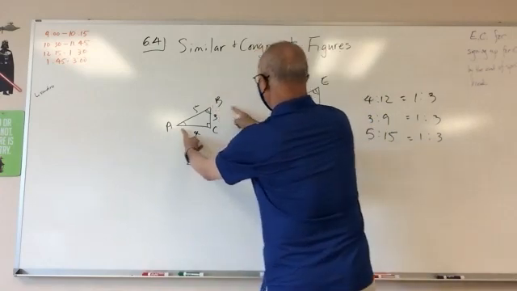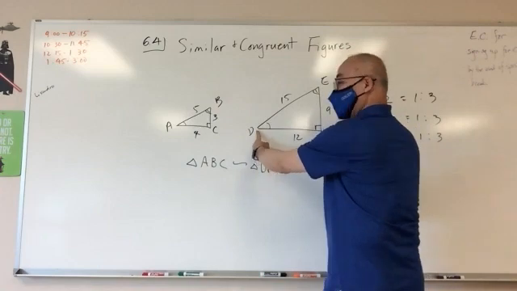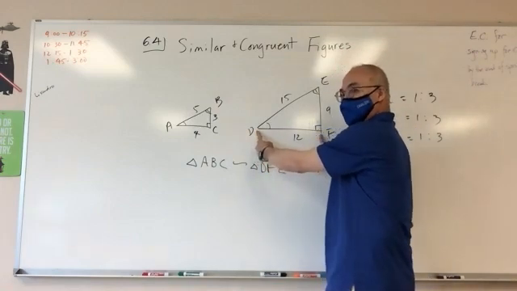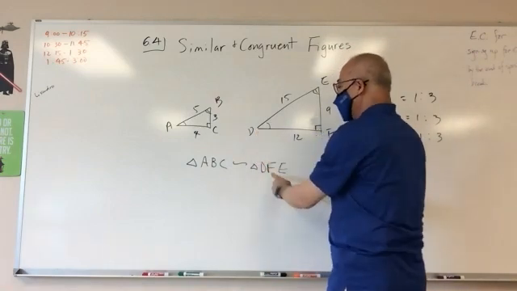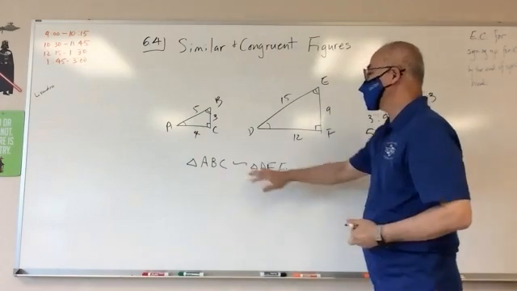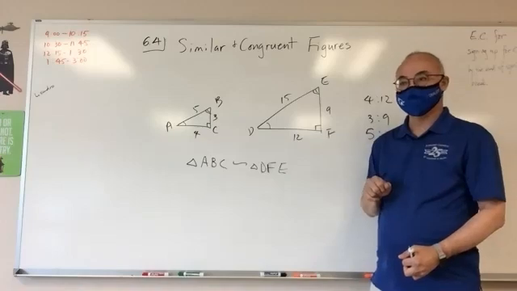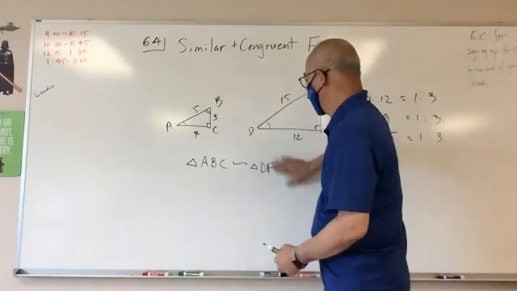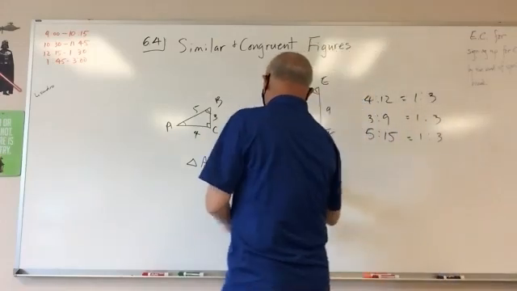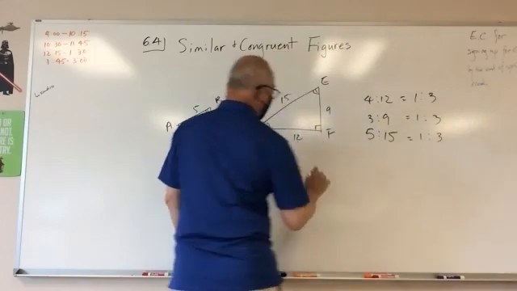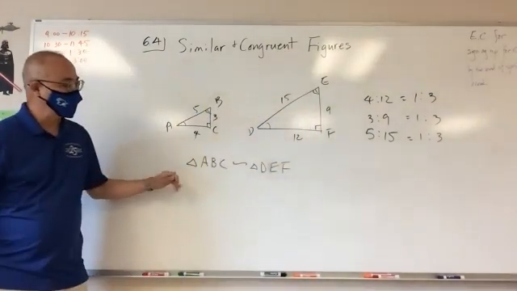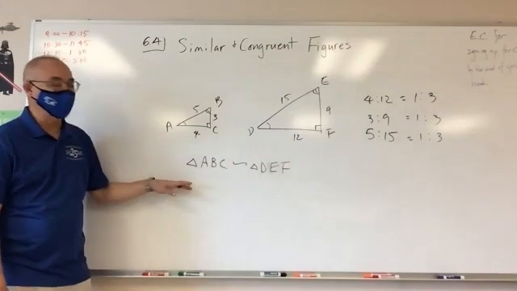This is not the corresponding part, is it? No, right? So in other words, they have to be in exact order. Does that make sense? So this would be DEF. You have to be very careful when you write a similarity statement.